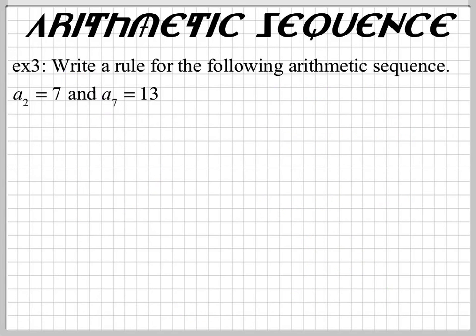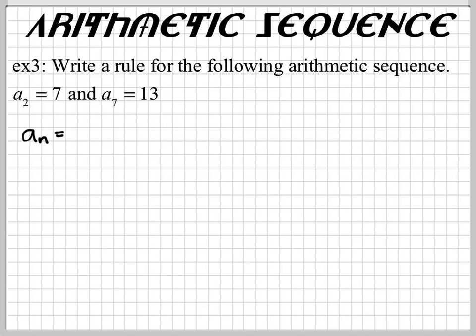Alright, so now let's look at this last one. This last one is kind of different. Now, the problem tells us this time that it's an arithmetic sequence. So we have to write a rule for it, write the general term. I said write a rule, but that's the same as saying write the general term. So let's go ahead and write our general term for arithmetic sequences.